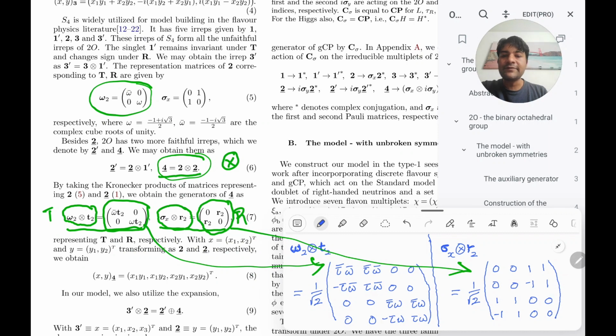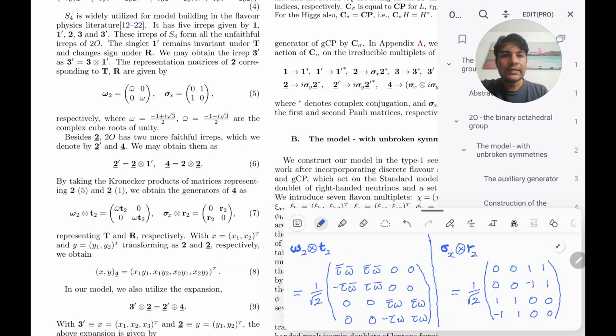It's brief in that way, so you can always expand it and see the full expression if you would like to. Let's say we have a doublet 2 given by x1 x2 and underscore 2 given by y1 y2. Then the tensor product of that is nothing but x1y1, x1y2, x2y1, x2y2. This is the irrep that transforms as underscore 4.